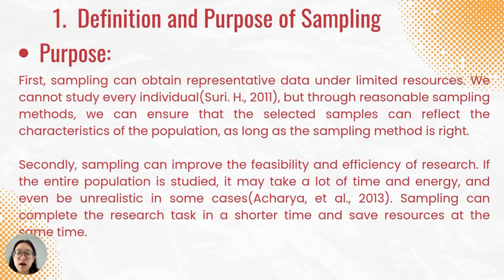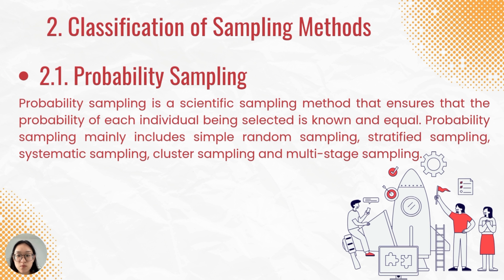Secondly, sampling can improve the feasibility and efficiency of research. If you study the entire population, it may take a lot of time and energy, or even be impossible. In some cases, sampling can complete the research task in a shorter time and save precious research resources. And next, we enter the stage of sampling method classification.